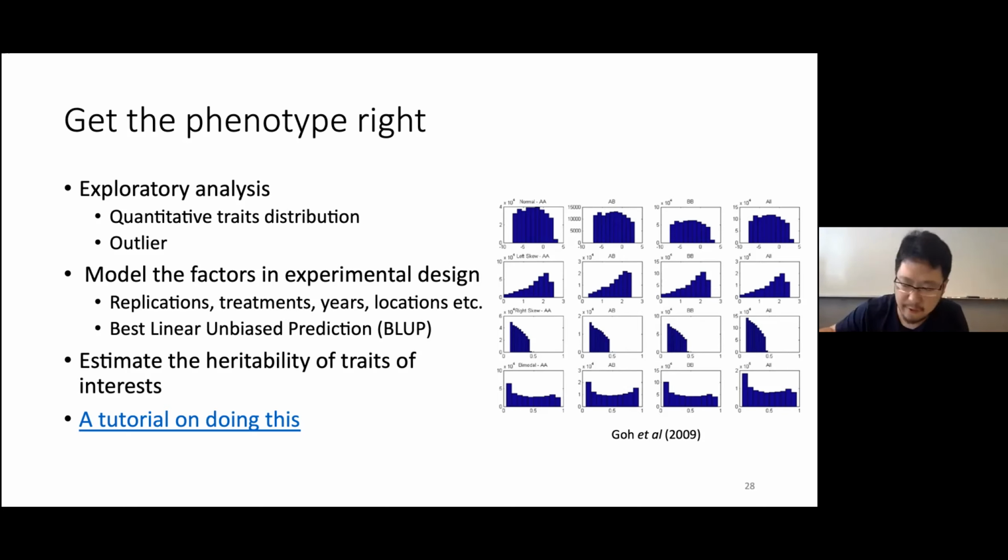I left a link to a tutorial on how to do this, so you can check it if you're interested. With this method, you can also estimate how heritable your trait is. I got a question earlier about whether we can do GWAS for traits with zero heritability. The answer is you can try, but it is very unlikely you will find meaningful association signals, because there's no genetic component in the trait.